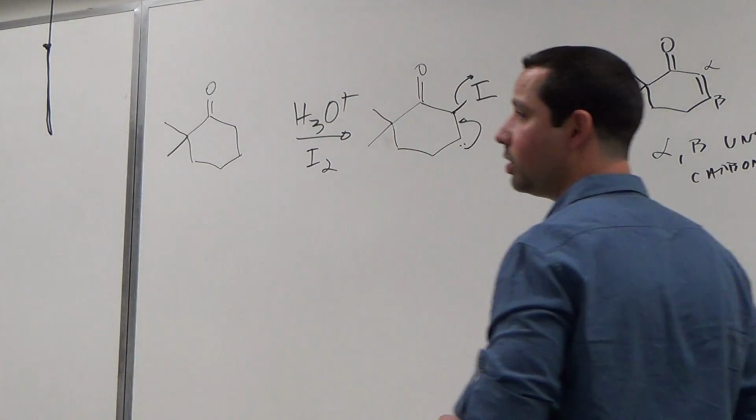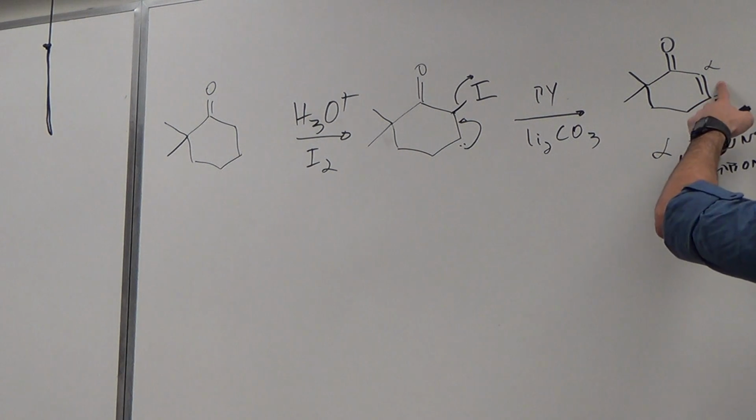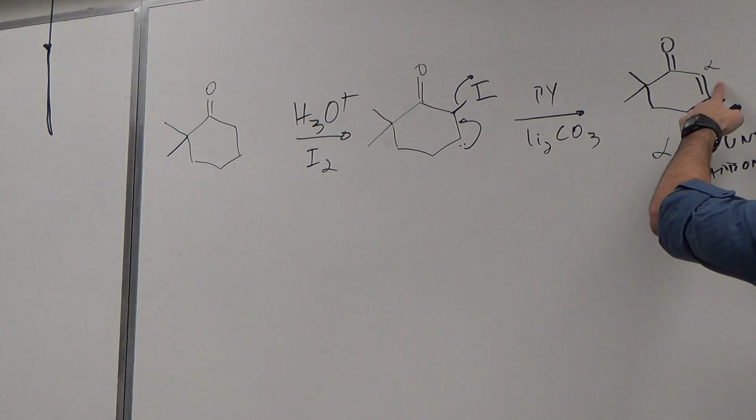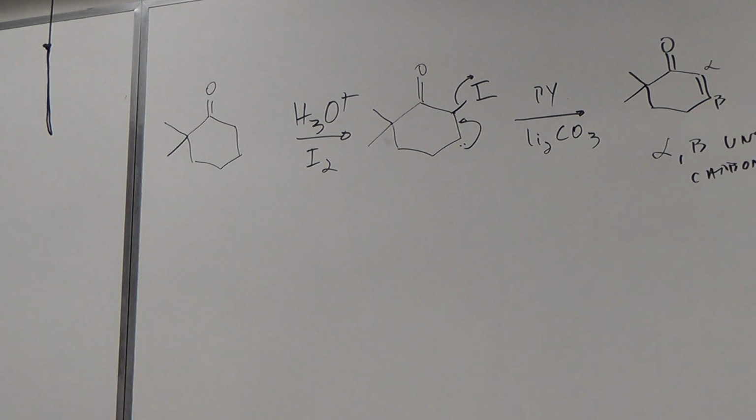So the driving force here is that this and this are conjugated. One double bond and another double bond separated by what looks like a single bond, yes? This is conjugated, so the driving force is conjugation.